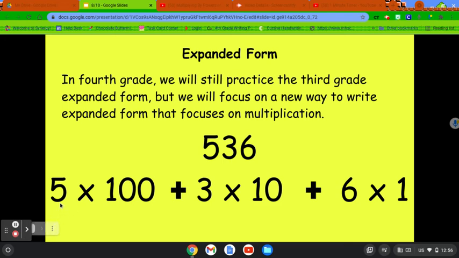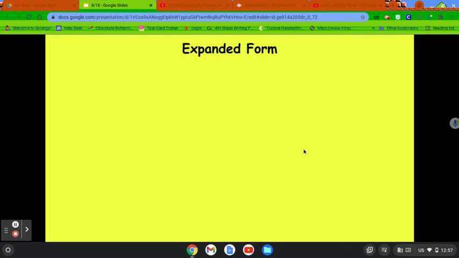So now we have 5 groups of 100, or 5 times 100, plus 3 groups of 10, or 3 times 10, plus 6 groups of 1, or 6 times 1, since the 6 is in the ones place.